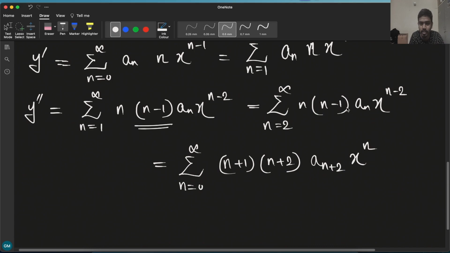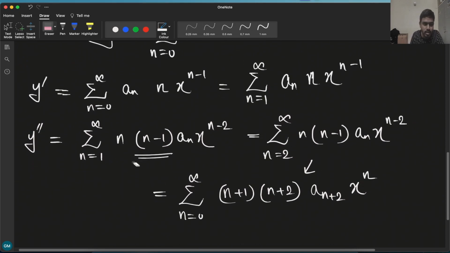How the index shift is done, we already showed in previous classes more than once. I can give you a hint: if I take m equals to n minus 2, take care of the limit, and then replace m by n, you will get this series. I'm not doing it again.